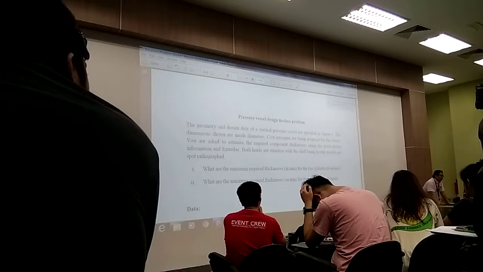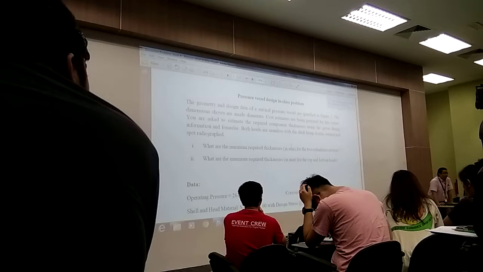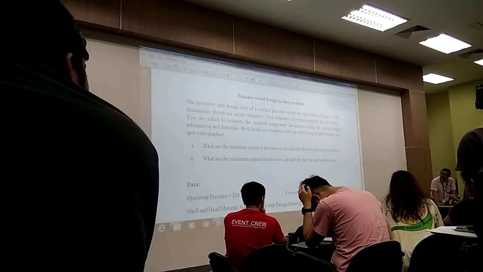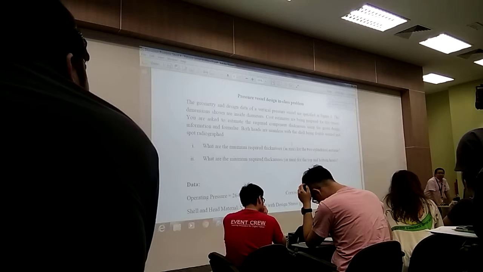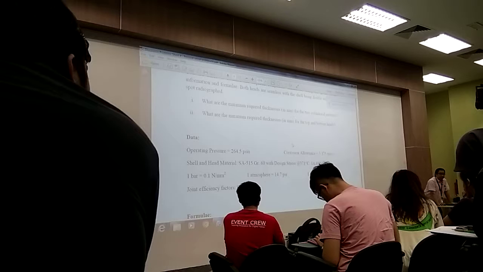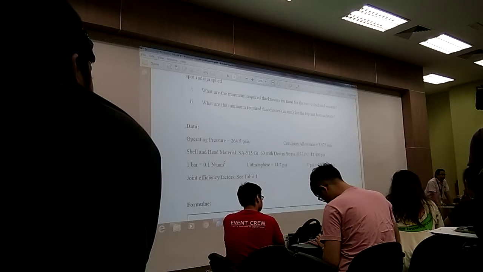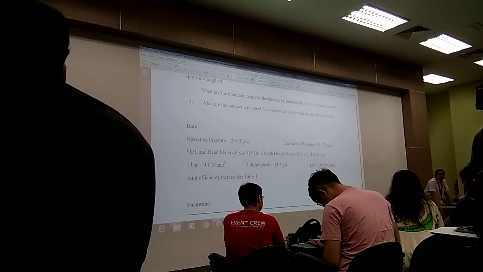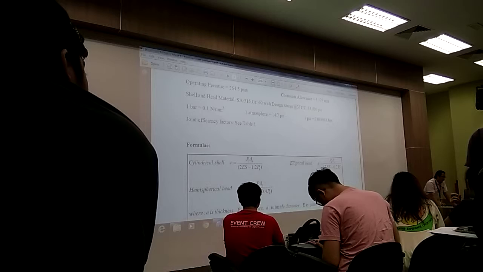See? This is your discussion problem, so I guess the question for design pressure will be something like this, which is very easy. Easy, right? Just need to use the equation here.